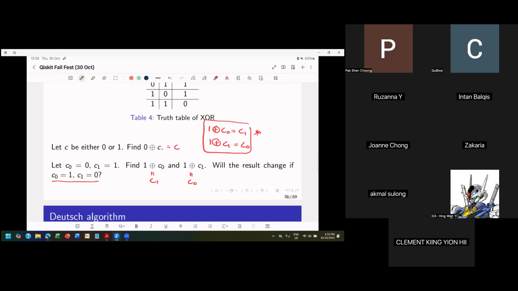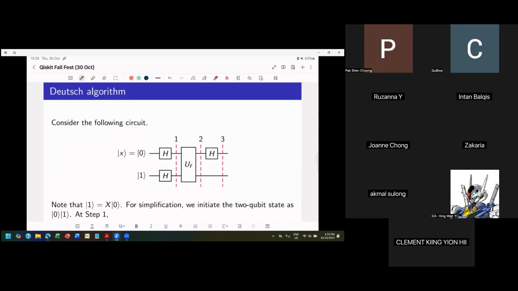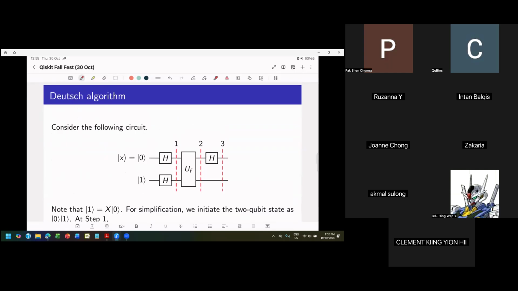So now we look into the algorithm for Deutsch-Jozsa, or rather, the Gauss algorithm. Remember that the problem it is trying to solve is: if I give you an unknown function, how are you going to determine whether that function is constant or balanced using quantum algorithms? So that is the question.